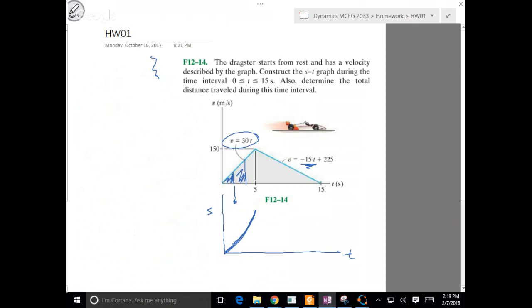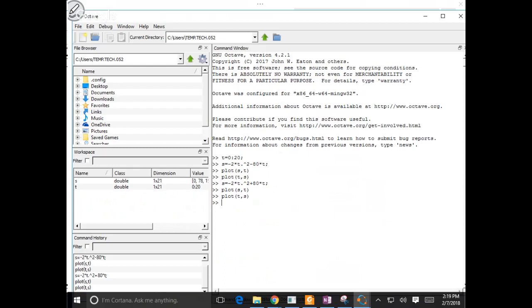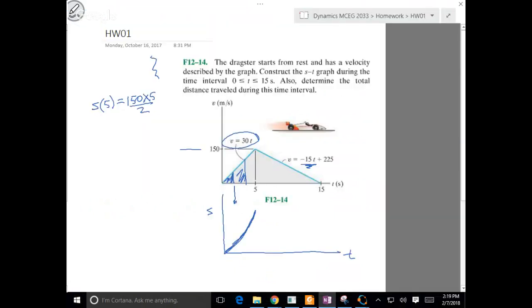However, I'm going to go ahead and examine the position at 5. 150 times 5 divided by 2. So I know I should be able to do that, but 375. So I get 375 should sit right here.